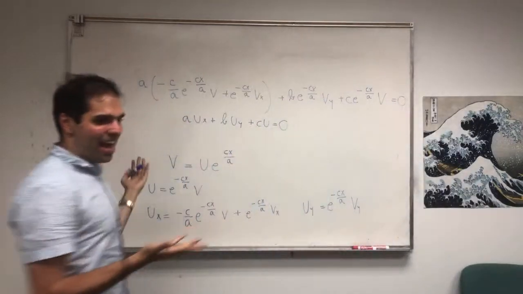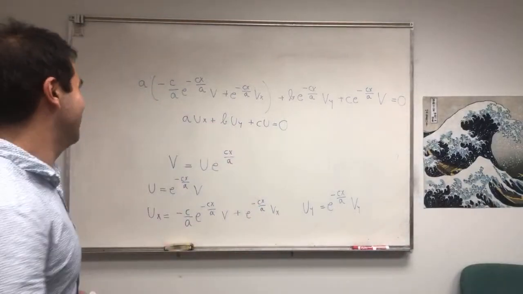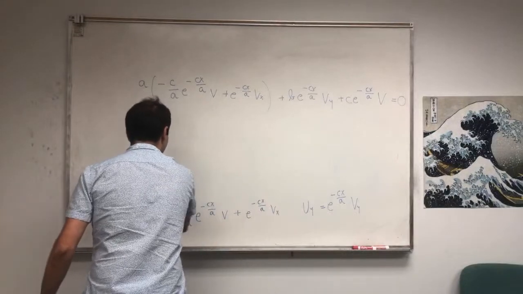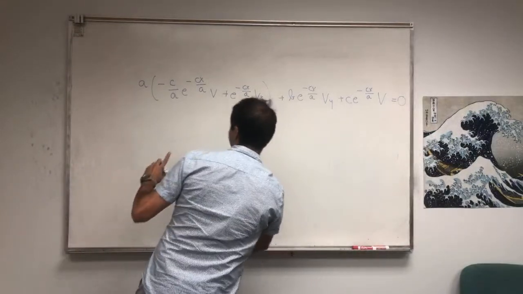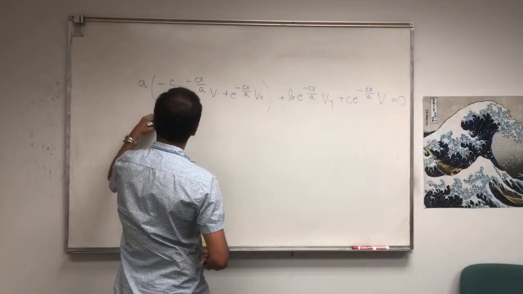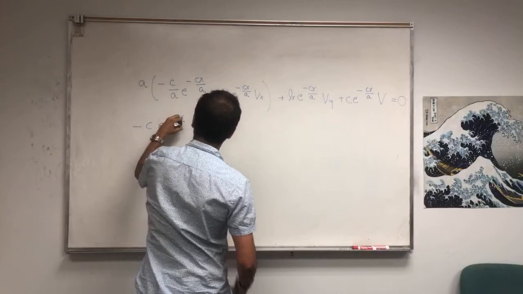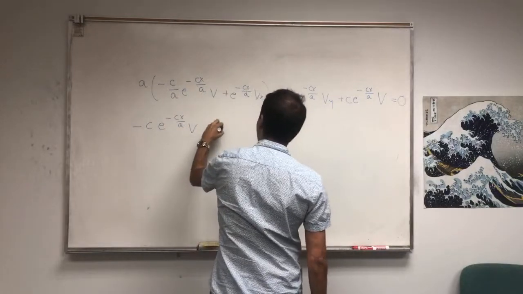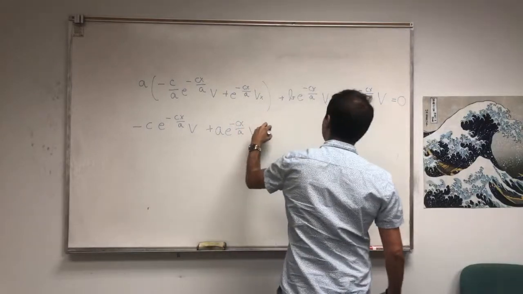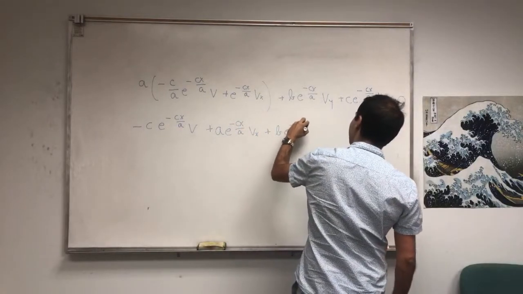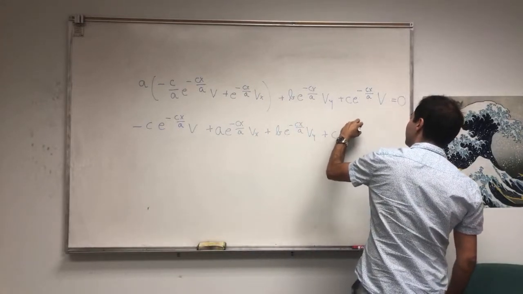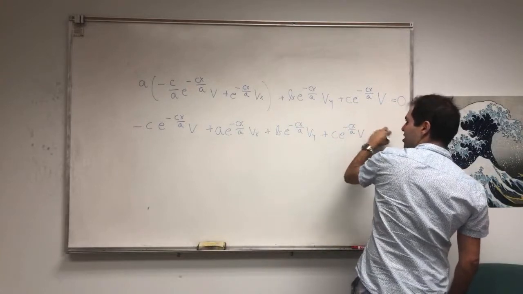Now, it looks absolutely horrible, but there's a beautiful simplification. Unless my hint is wrong, which might be, but it looks like it's okay. So minus c e to the minus cx over a v plus a e to the minus cx over a v_x plus b e to the minus cx over a v_y plus c e to the minus cx over a v equals 0.